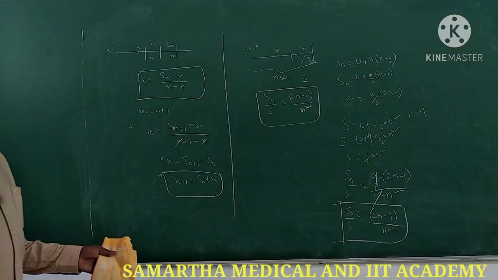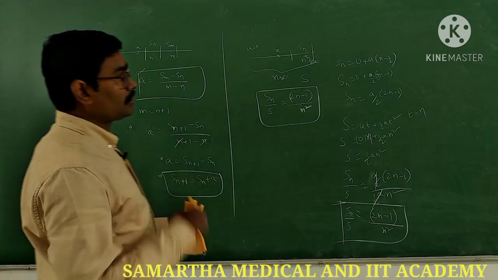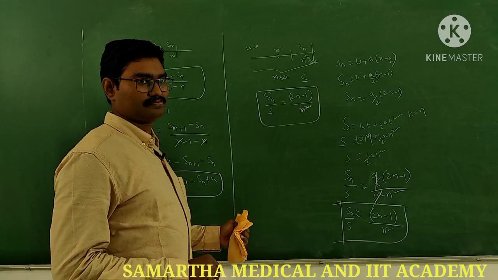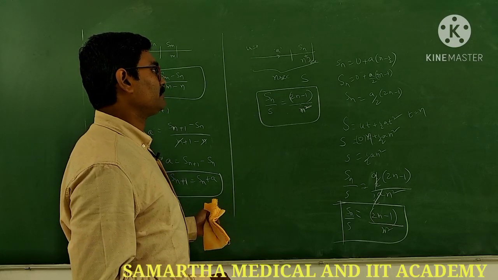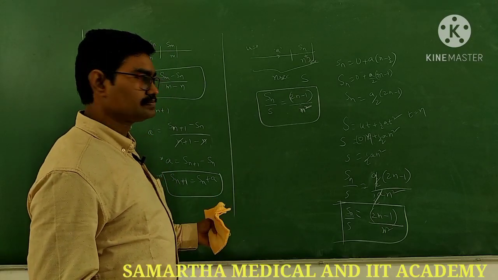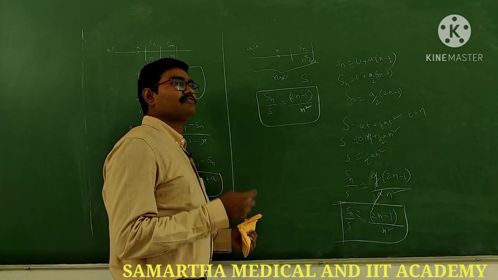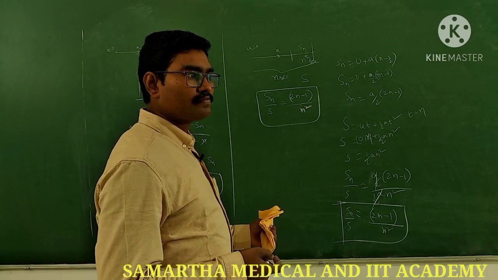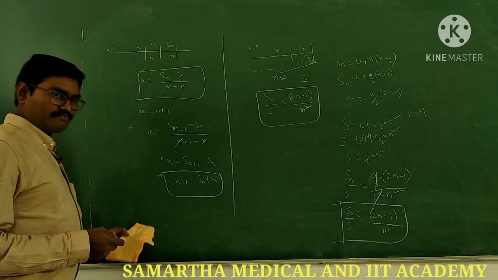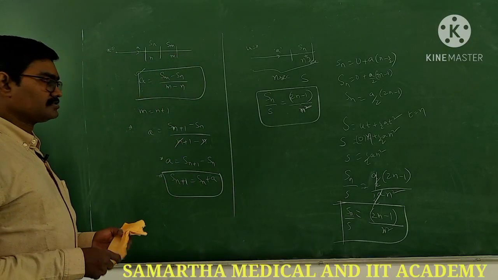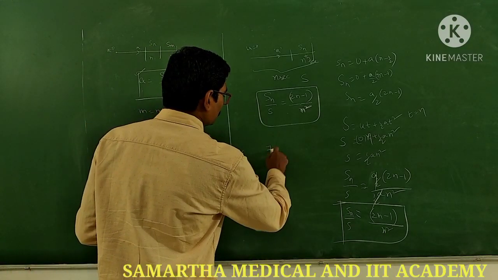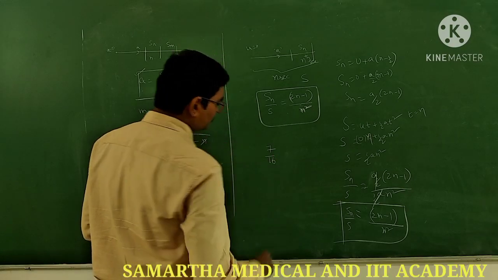Next, one small problem. If a body starting from rest covers 7 by 16 of the total distance, the fraction of distance covered in the nth second is 7 by 16.